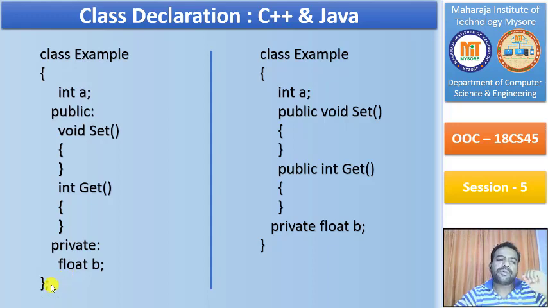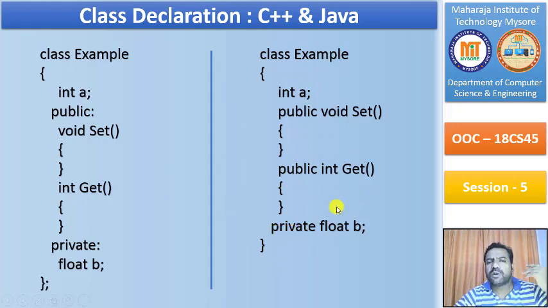This is the point where I'm saying I'm going to end the class declaration. But that is not the case in Java. I am not going to use any semicolon in Java, either for an inner class, an outer class, or any class. I am not going to specify the end of class declaration. It is just a block of code. Hence, this is the second major difference to watch out for.